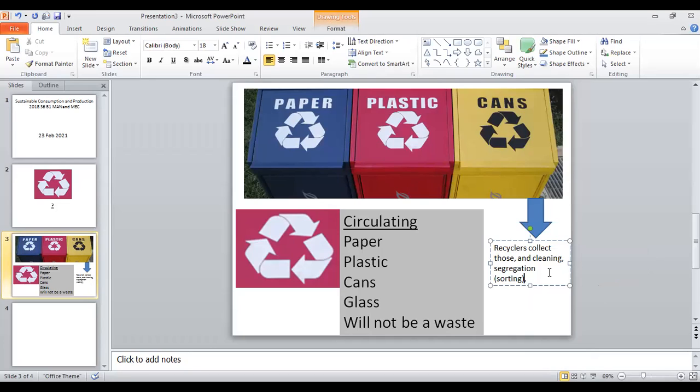Sorting means material separation. Even though plastic is a generic name, there can be polypropylene, polyethylene, polystyrene, maybe high density polyethylene, HDPE, and so on.